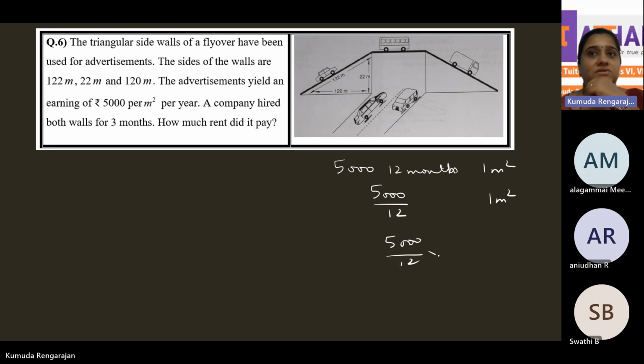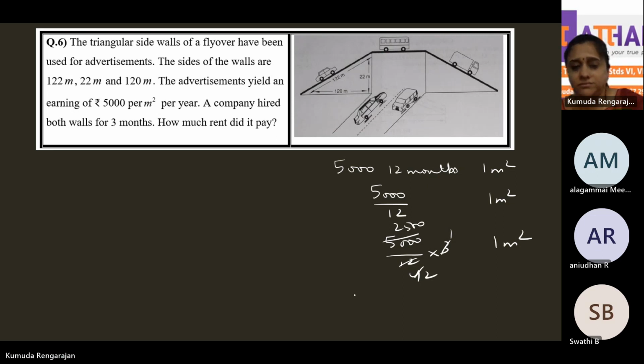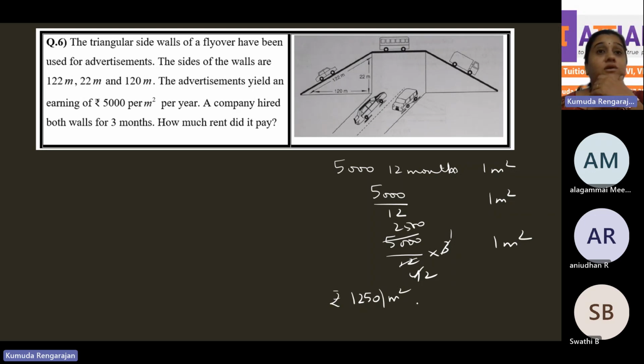This is for 3 months for 1 meter square. Simplify this. So it's 1250 per meter square for 3 months. Getting confused?